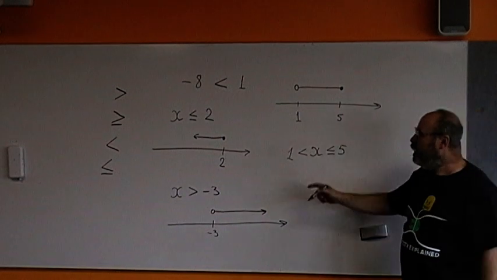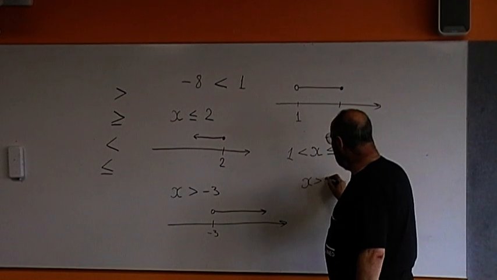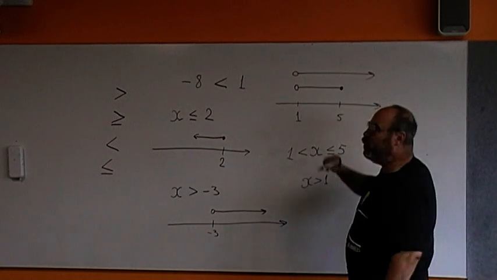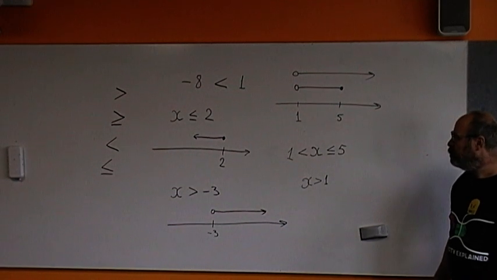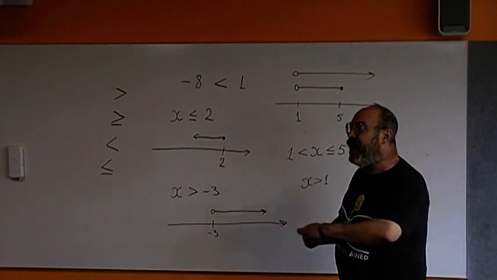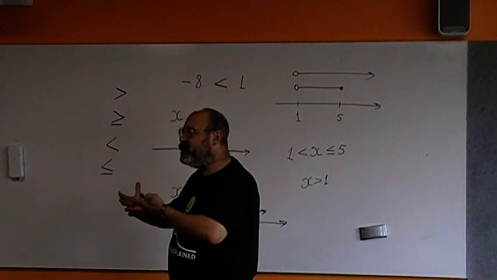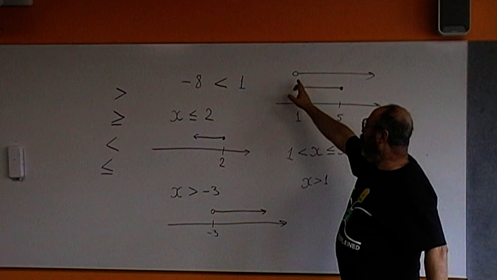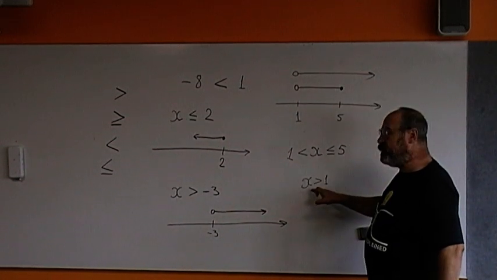If we do only x greater than 1, it will be from here onward. X is a number, any number above 1. Whatever number you take here will satisfy that.